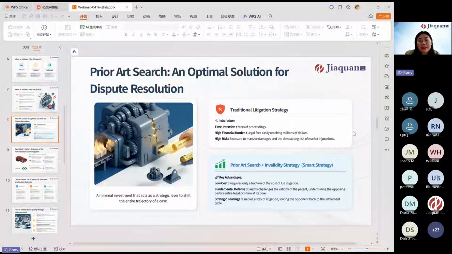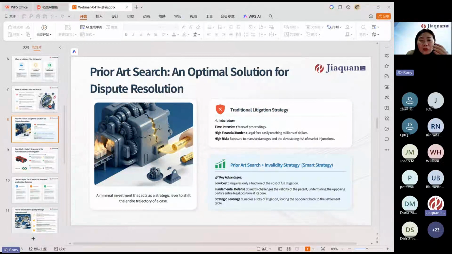Oh, okay. Let's move to a real case. JD, could you see the case study slide? Not yet. Rony, we cannot see the full screen of your presentation. I'm already in my full screen on my side.